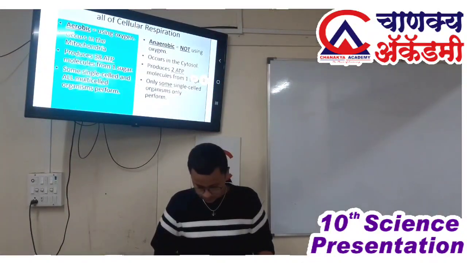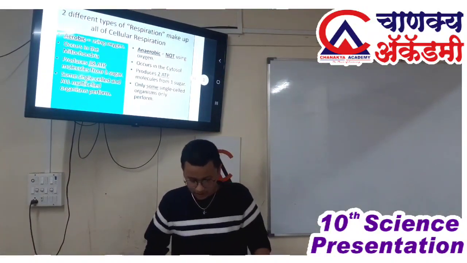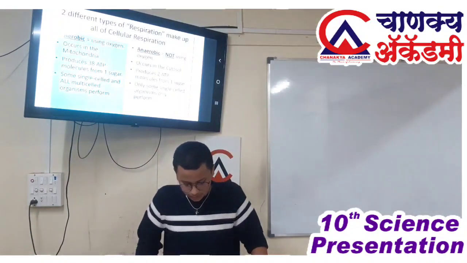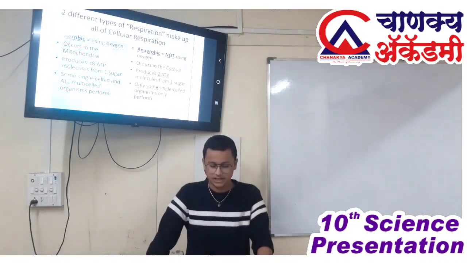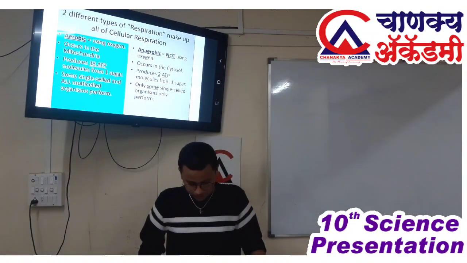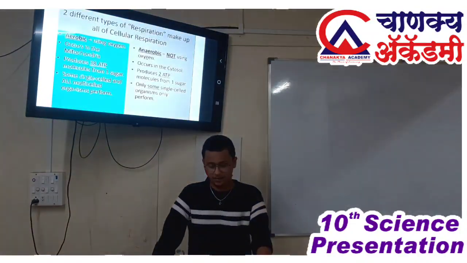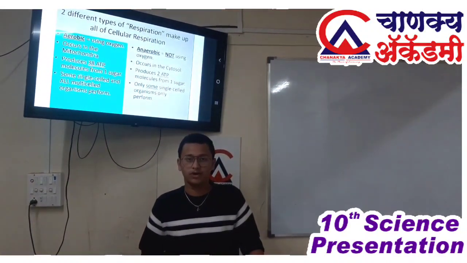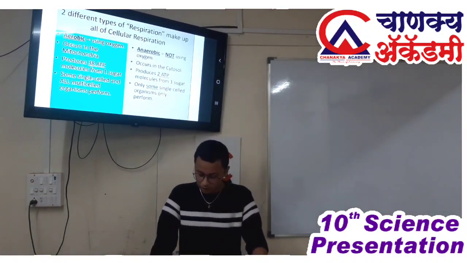So we see some differences between anaerobic and aerobic. Aerobic uses oxygen, meaning in the presence of oxygen. It occurs in mitochondria. It produces 38 ATP molecules from one molecule of glucose.